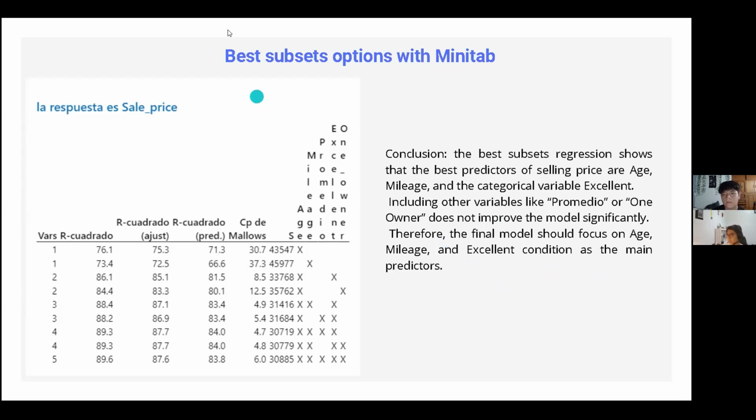With this, we can see that the best performing models use age, mileage, and excellent condition. With all these results, our final conclusion is that the optimal model includes age, mileage, and excellent condition as predictors. This model balances simplicity and predictive power and is strongly supported by the best subset analysis.